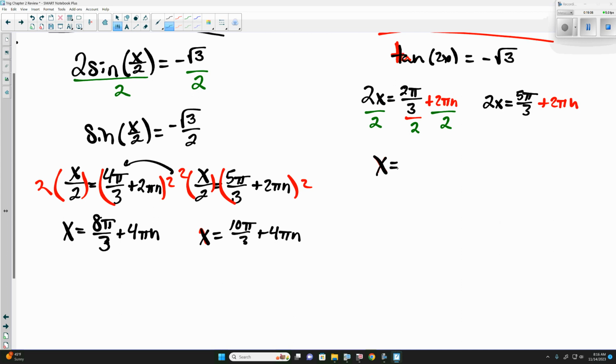X is equal to 2 pi over 3 divided by 2 is going to be pi over 3 plus pi n. We can do the same thing on the other side. 2x divided by 2 is just x. 5 pi over 3 divided by 2, you can do that in the calculator. I'm just going to go on and tell you it's 5 pi over 6 plus pi n.